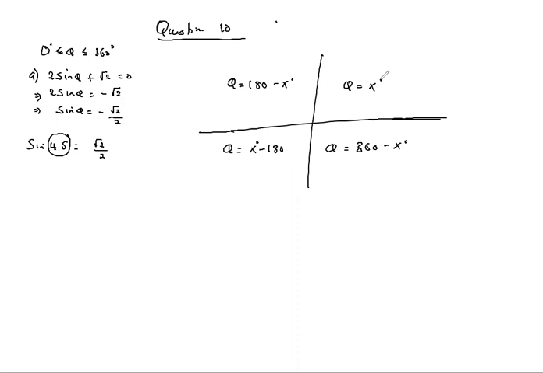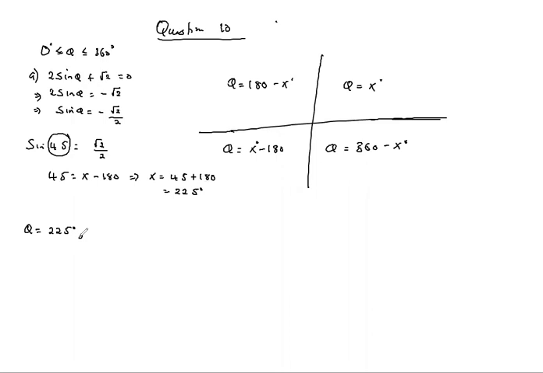So how do I get x if I'm in the third quadrant with 45 as my theta? So it will be 45 is equal to x minus 180, which is x is equal to 45 plus 180, and this is 225. So we have theta value 225.